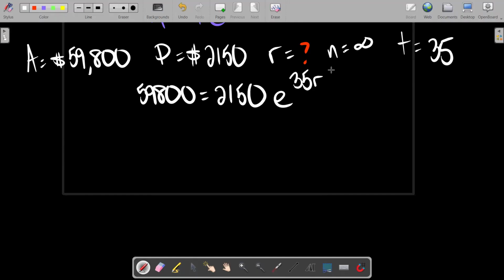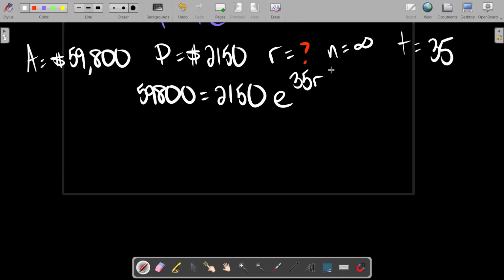So, all right. So same idea as yesterday. What has to go first before we can actually start solving? Yeah, we got to divide, right? We know that if we have A and P, step one is always going to be to divide A by P. So this is where we grab our calculators for the first time today, and let's take this for a spin. So 59,800 divided by 2150.